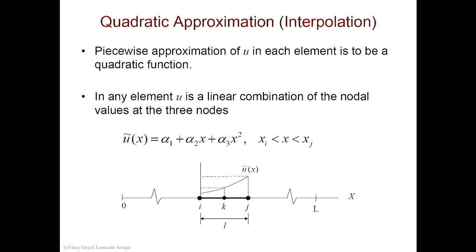The good news is that the middle node, node K, is not connected to any other element. So I don't have to enforce any continuity there, just across J and across I. That's all I care about.